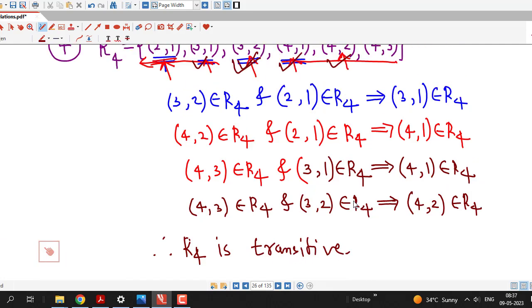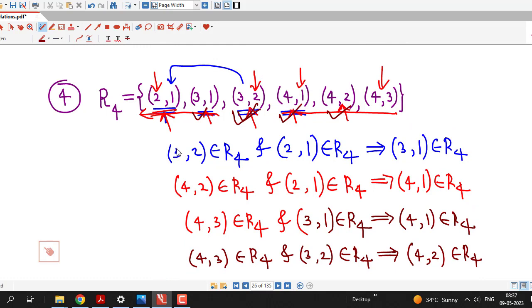We should check that we do not miss any type of combination. If we miss even at least one combination, and the condition is not satisfied for that combination, then we may reach a wrong decision that our relation is transitive.